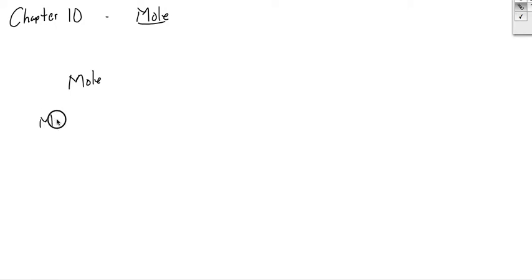and mass and number of particles and volume.